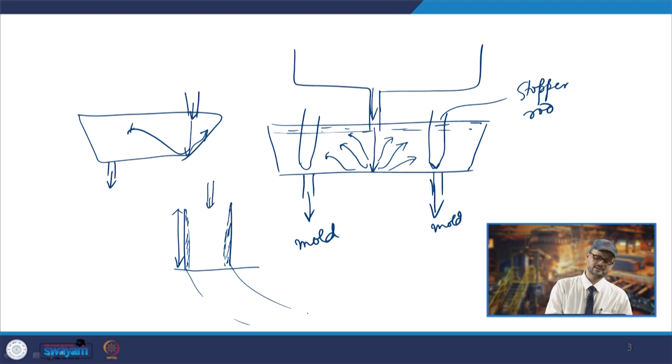So there is a large amount of pressure of the liquid steel, ferrostatic pressure. So you ensure that cooling, so that a skin of adequate thickness is developed at the end of the mold. That has to be ensured. That is the requirement in the case of the mold.